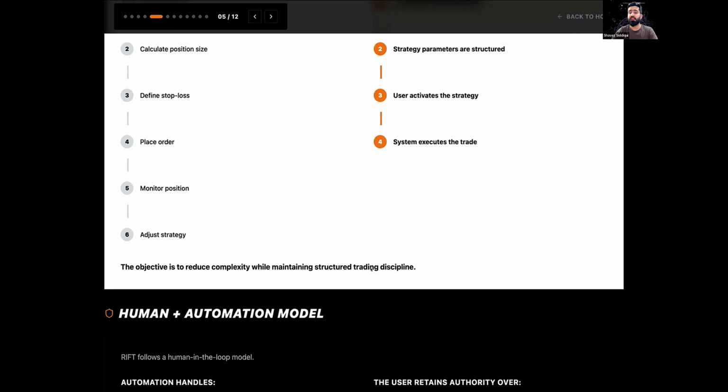What we have built is an intelligent artificial intelligence layer that brings you the opportunity and gives you a structured layout of the understanding of the opportunity, and you just activate the strategy and make money and sleep peacefully.